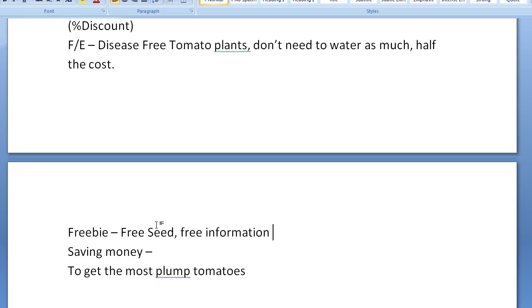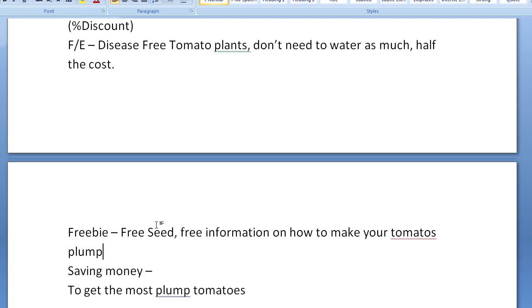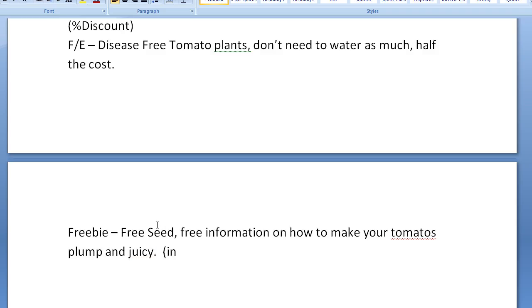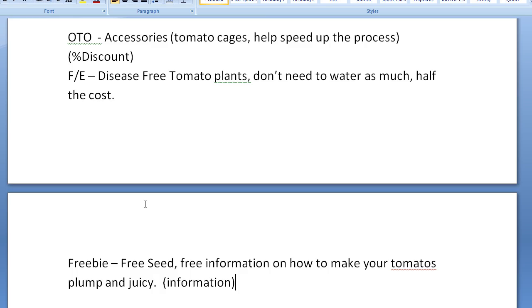Or even free information on how to make your tomatoes plump and juicy. So essentially the freebie could be information as well.